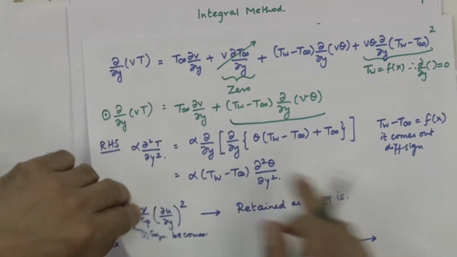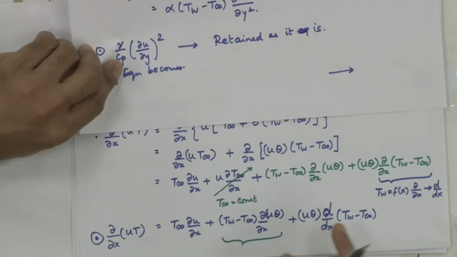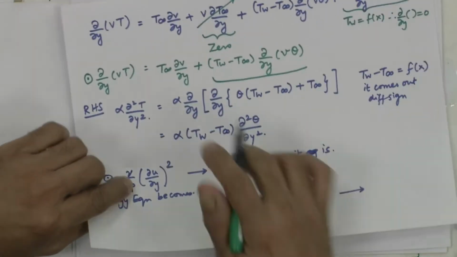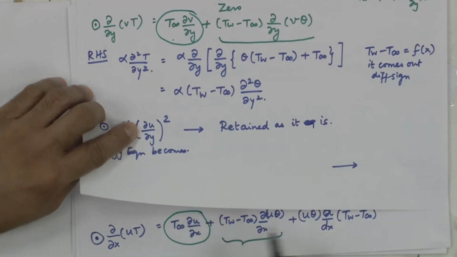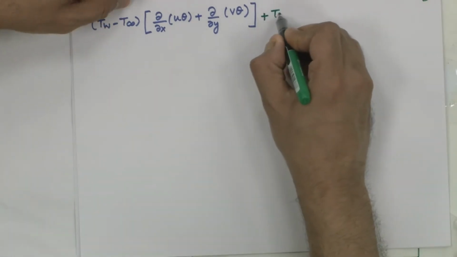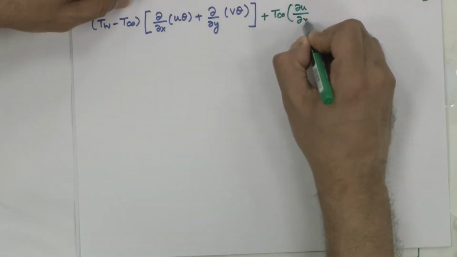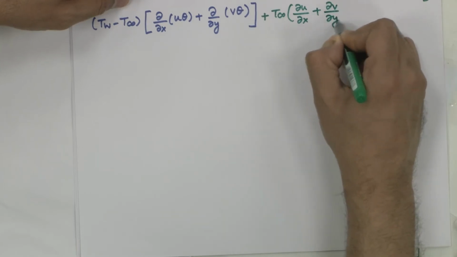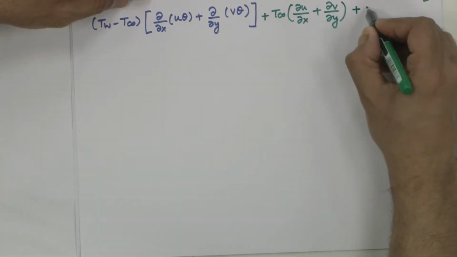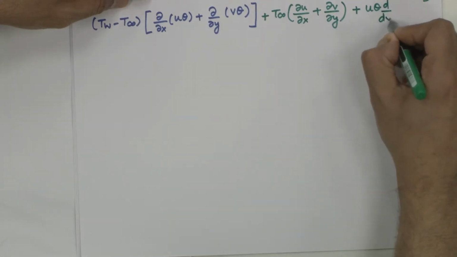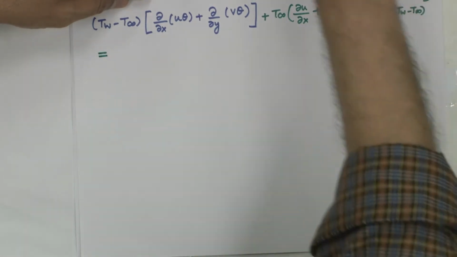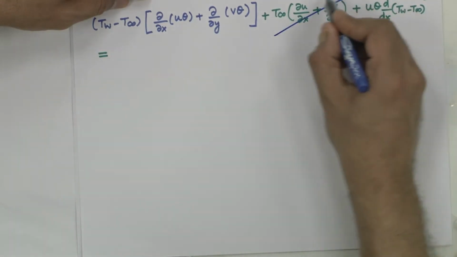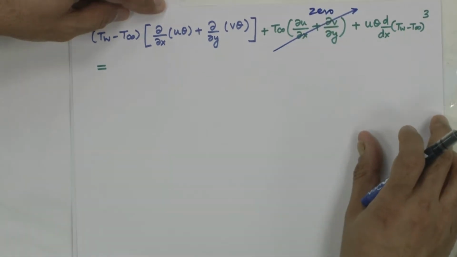I am left with three other terms, this one and this one. So, T infinity will come out common between these two, du by dx plus dv by dy. So, T infinity times du by dx plus dv by dy, this is the continuity equation, plus u theta d by dx of Tw minus T infinity as it is. This term is equal to 0 because this is the continuity equation.